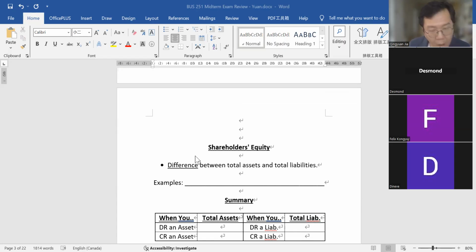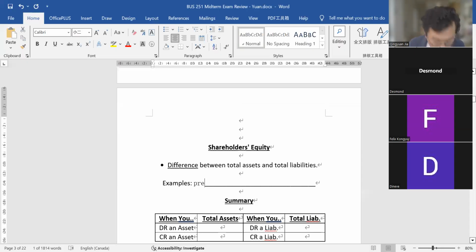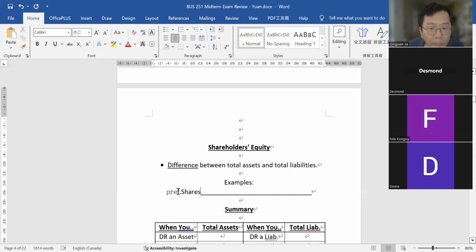So for example, in the shareholders' equity accounts we have preferred shares. We have preferred shares and common shares.